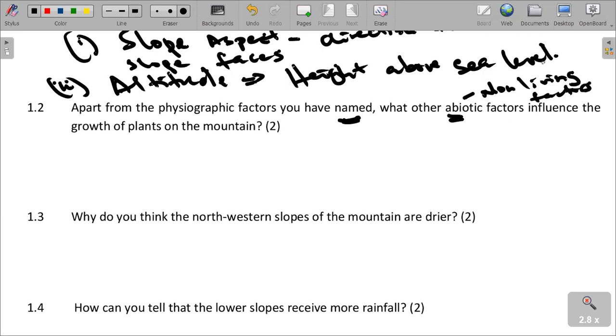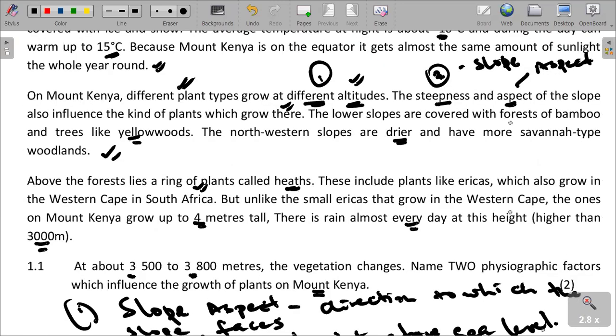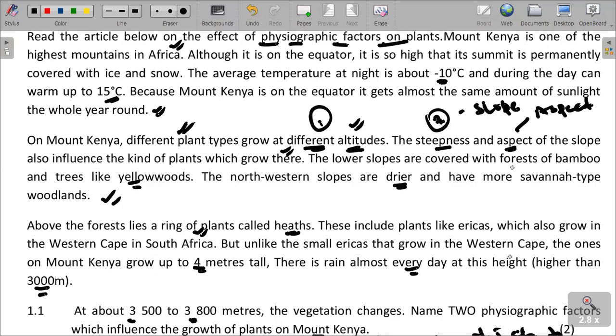So what other non-living factors affect the growth of vegetation in this place? When you look at vegetation growth, other abiotic factors that can affect the vegetation, we can look at factors such as what?